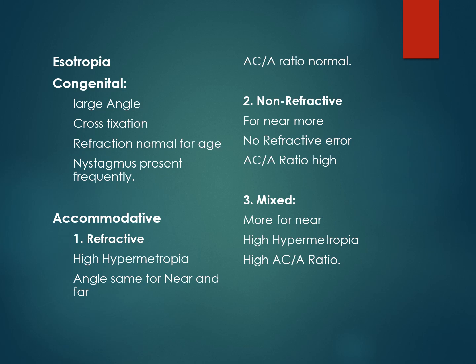The angle of squint remains same for near and far, and the AC over A ratio is normal. Second type is non-refractive, in which squint is more for near work. Refractive error is normal, but the AC over A ratio is high, that is more than 5.